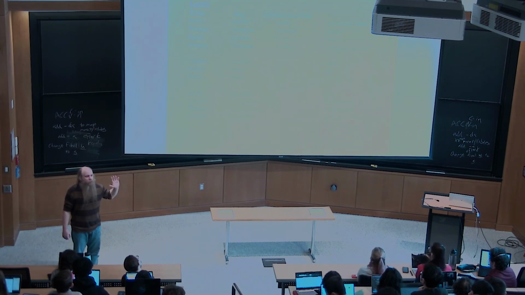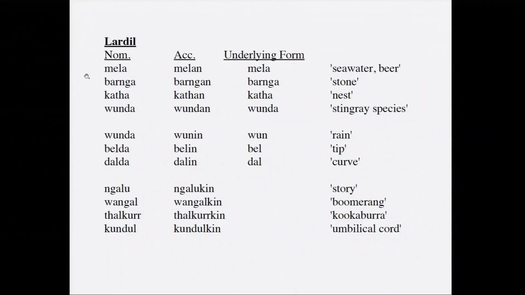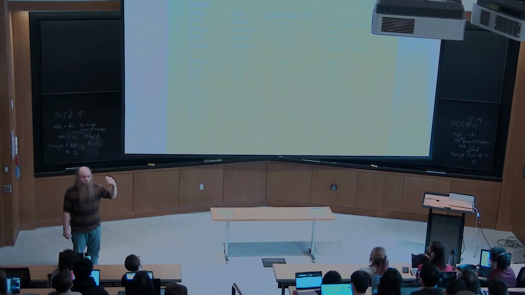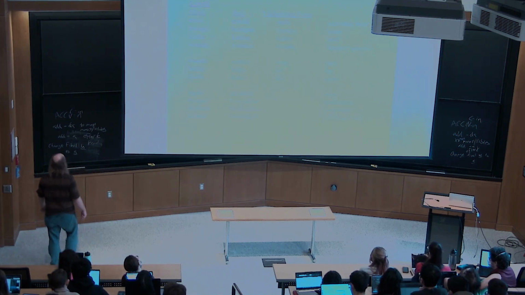You all know the drill by now. Take the accusative, subtract the accusative suffix. So what should the bare form of umbilical cord be? Kundulk. Yeah. So we'd expect kundulk, talkurk, wangalk, and ngaluk.